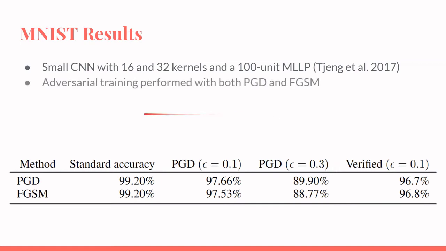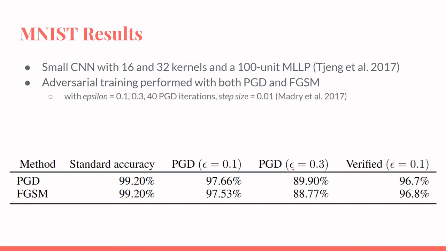We can see here that PGD and FGSM perform fairly similarly in terms of standard accuracy, and they even compared this with other adversarial attacks like PGD with epsilon 0.1 and 0.3.